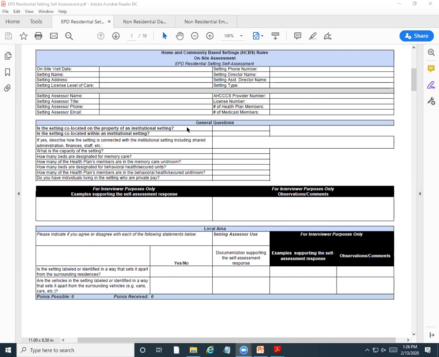We use health plan as an interchangeable term with managed care organization, which does include DDD. Health plan member or Medicaid member, same thing. It's the member that you're serving.